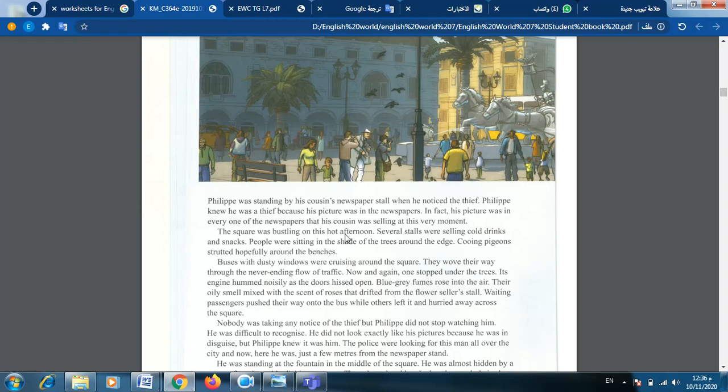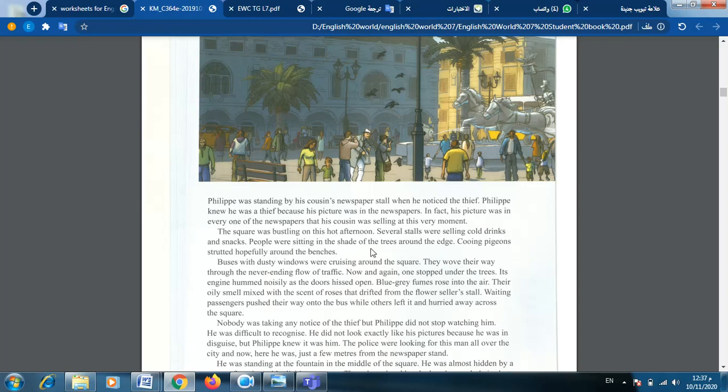And this hot afternoon, it was very hot, so a lot of people wanted to drink cold water, cold drinks, and snacks. They were selling cold drinks and snacks, a light meal, okay, to eat snacks. For example, between breakfast and lunch, you can take biscuits, chips, and these are snacks.